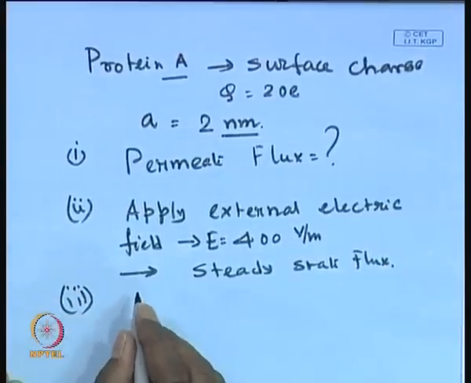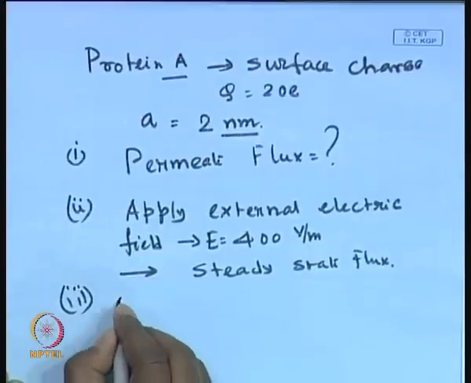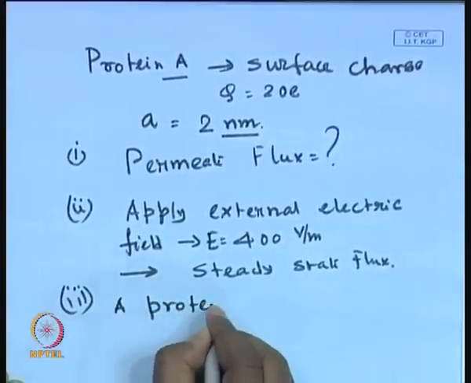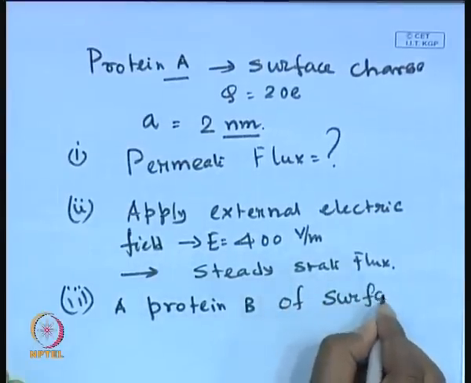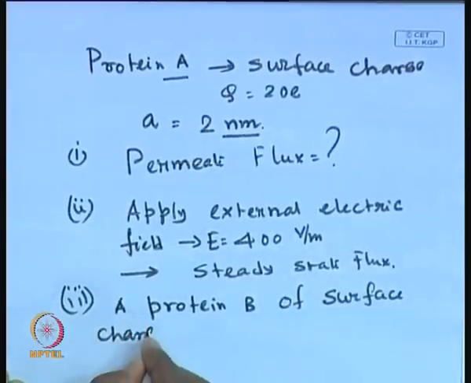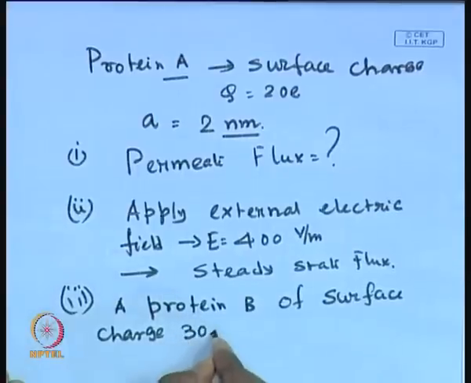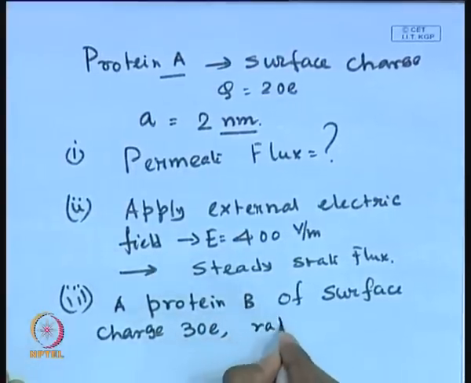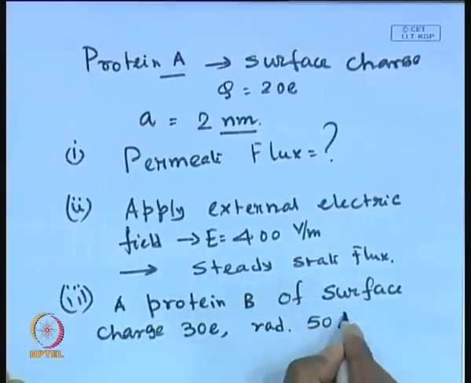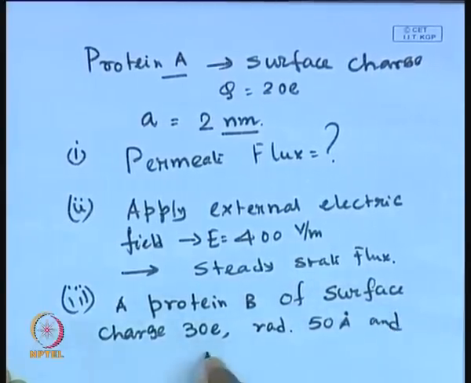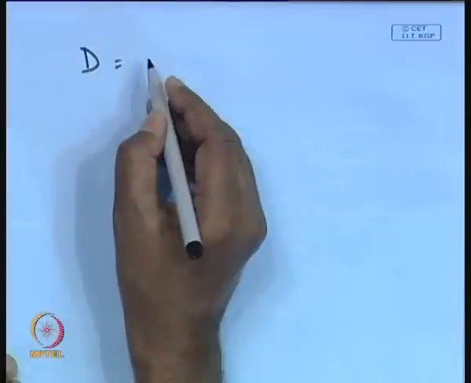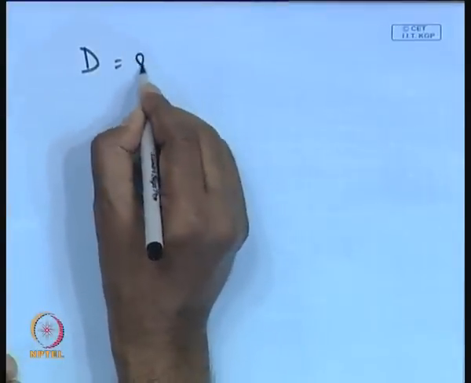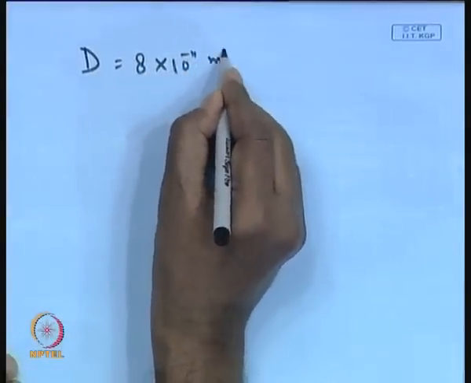The third part is interesting. Now, you use a protein B of surface charge 30 E, radius 50 angstrom and diffusivity, let us say protein B is having another, higher diffusivity, D is 8 into 10 to the power minus 11 meter square per second.